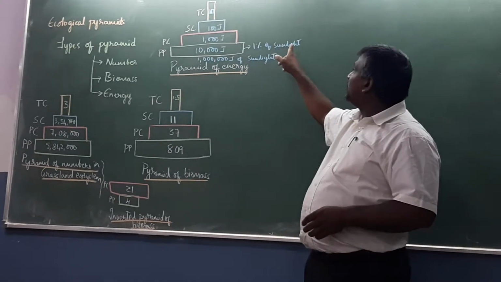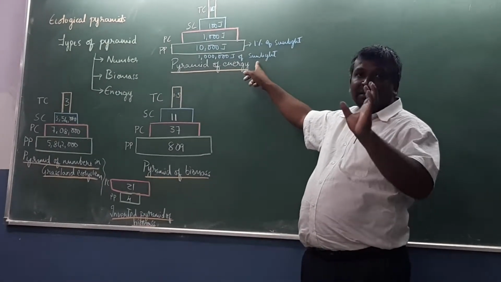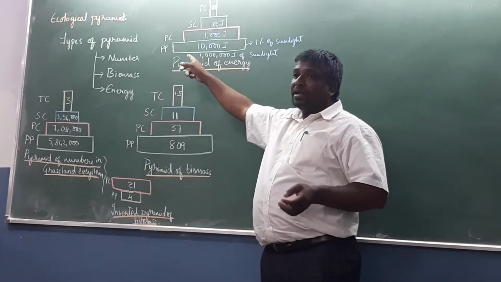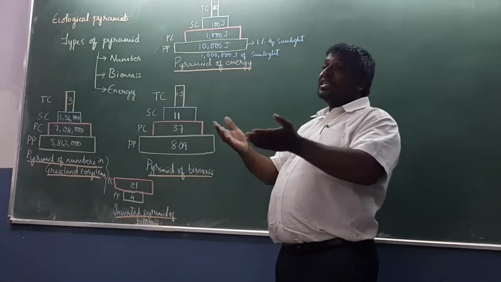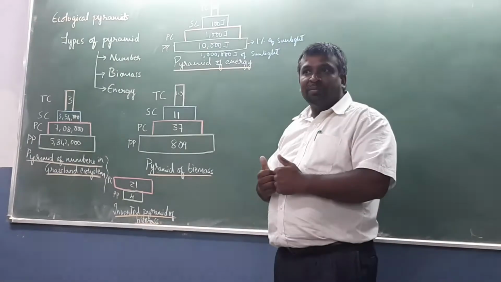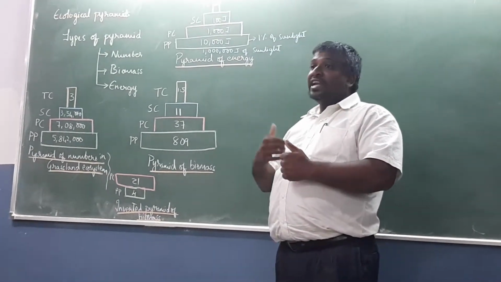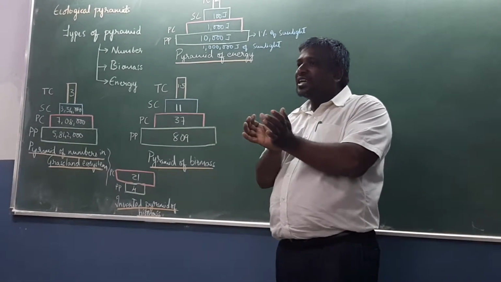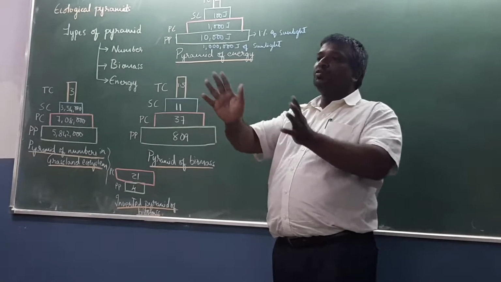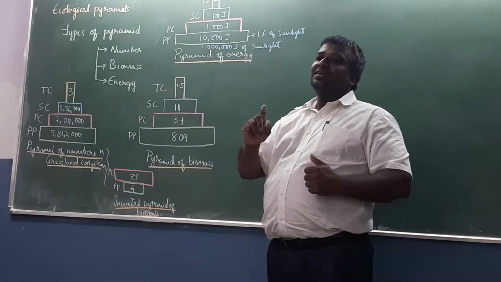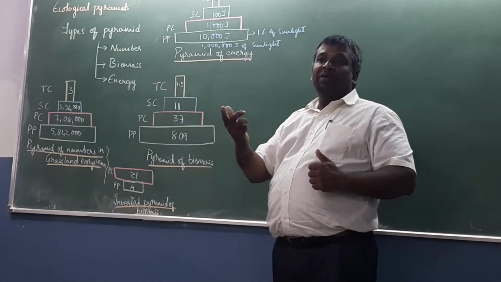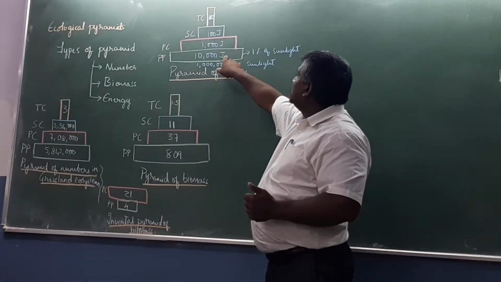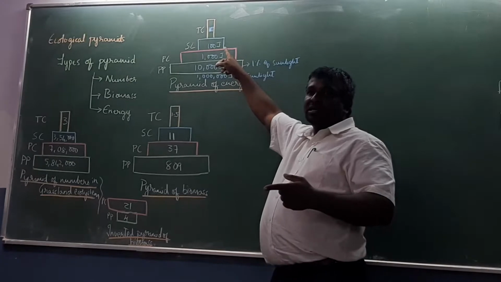From this, the primary producer uses some of the energy for its own requirement. Net primary productivity, NPP, is the energy available for the consumers from the producers, which we have already discussed. So 10,000 joules is available for primary consumers.